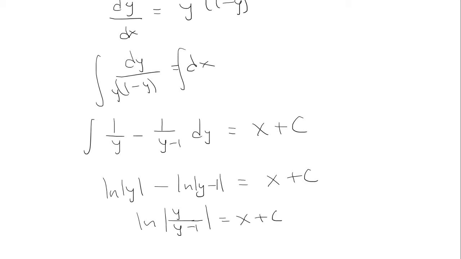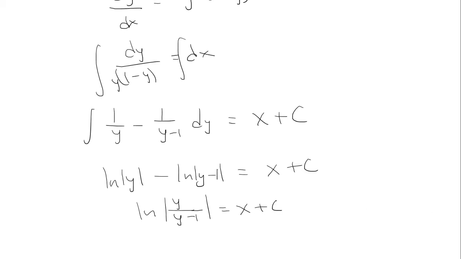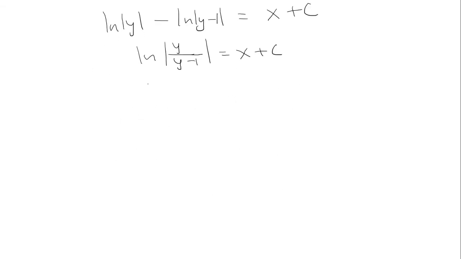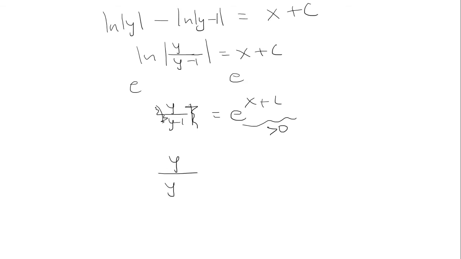I want to solve for y, so that means I have to undo the natural log. So I'm going to raise both sides to the e power. So the y over y - 1 comes out. And really, because I have an exponential, the exponential is always positive, so that means I can get rid of the absolute values. So I can just write it as y/(y - 1).